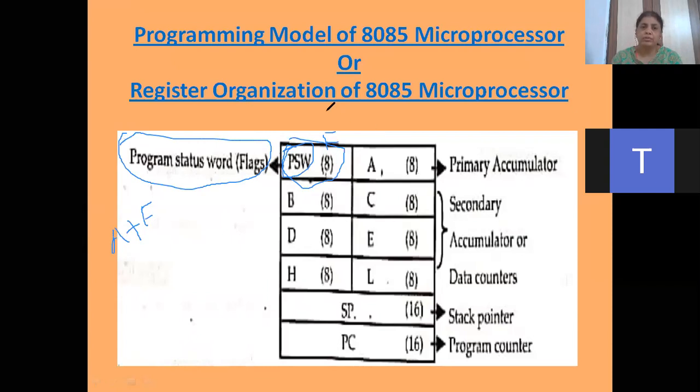In some books A is here, F is here. So whatever it is, it is a combination of the flag register as well as the accumulator register. Why do we call it the program status word?